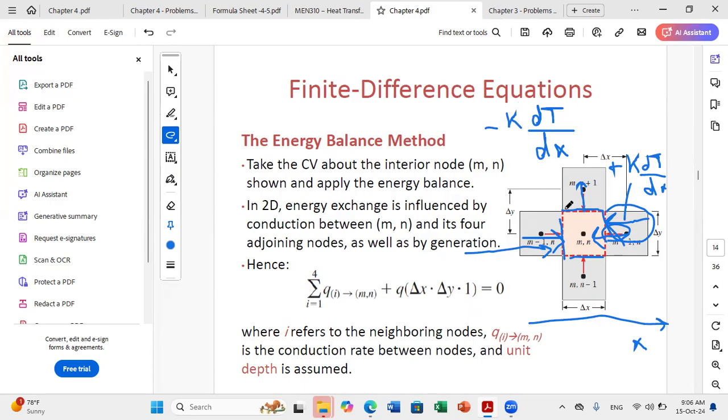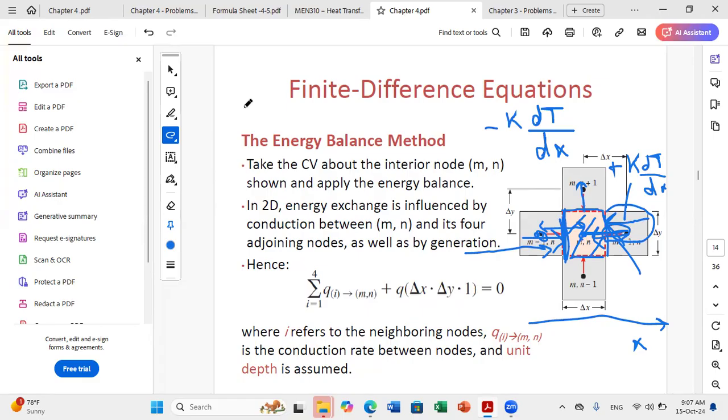And to compute dT by dx here, for example, at this face, it's T(m,n) minus T(m-1,n) over this distance, which is delta x. While for this face here, what is dT by dx? It's the temperature at this node, which is T(m+1,n), minus T(m,n) over this distance, which is delta x. Now, what if you have volumetric generation in this cell?